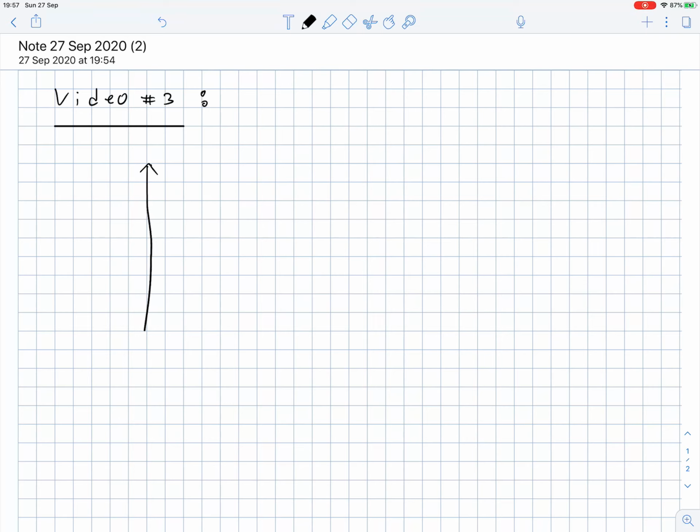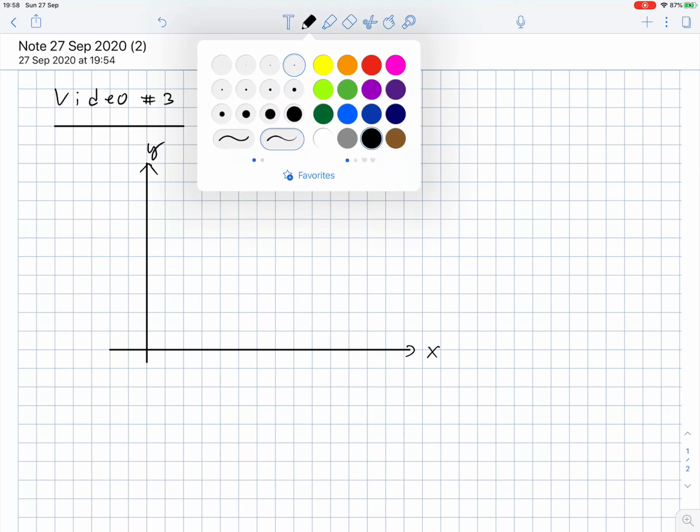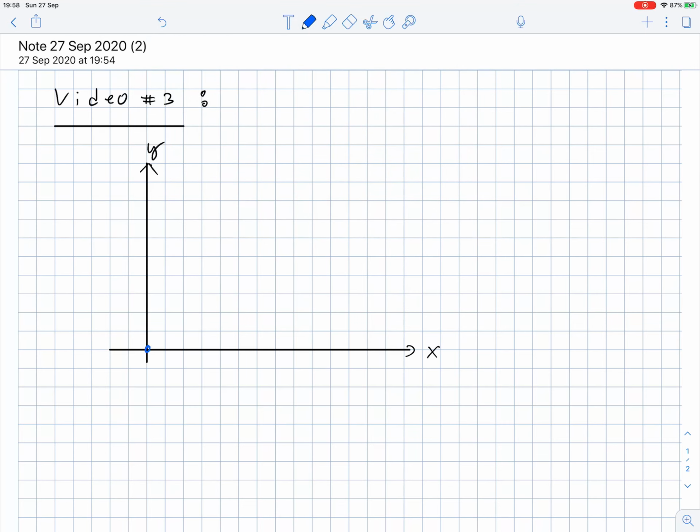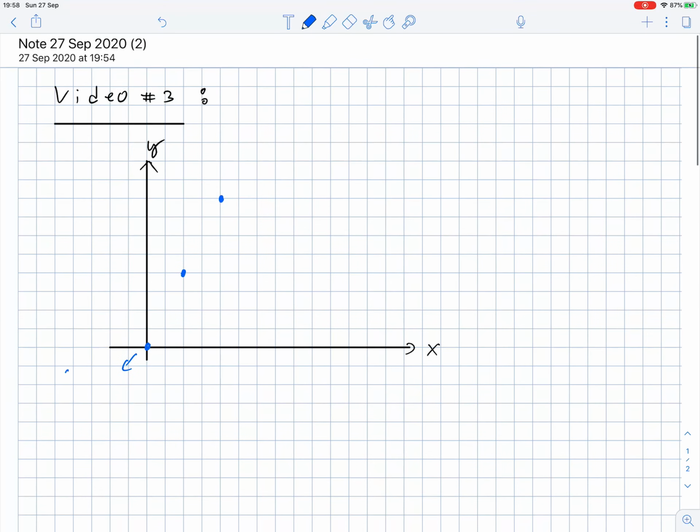Let's assume we have y and x axis, and also we have 3 points that belong to a linear function. This coordinate will be 0, 0.